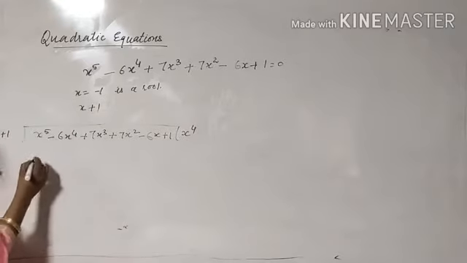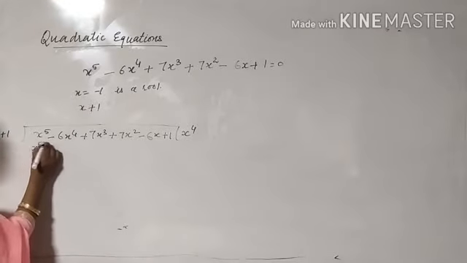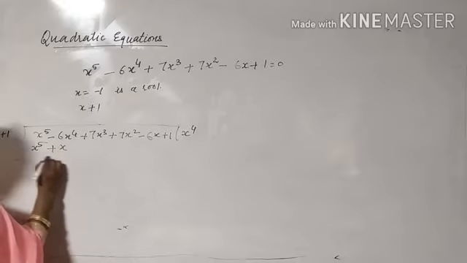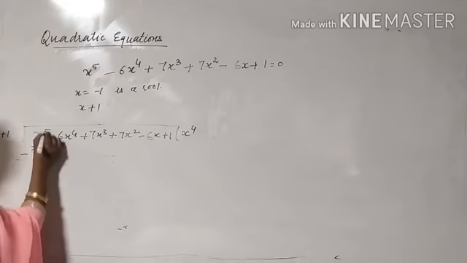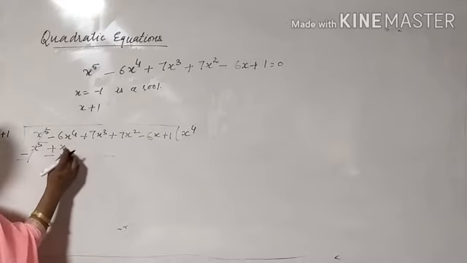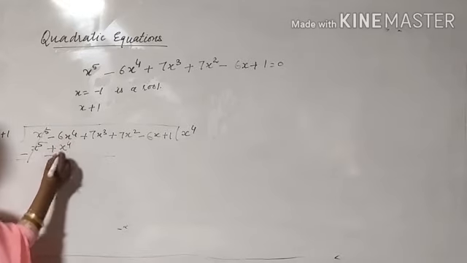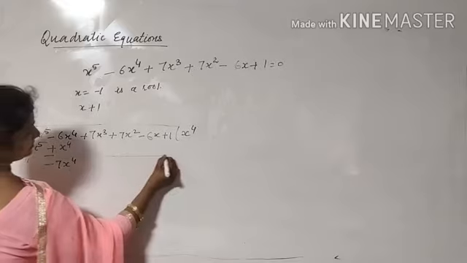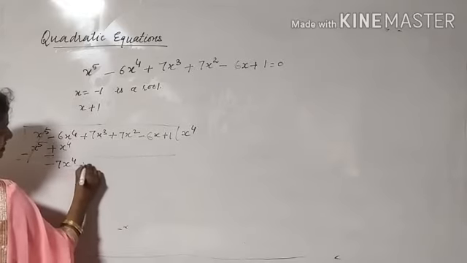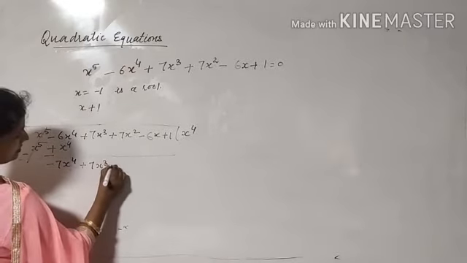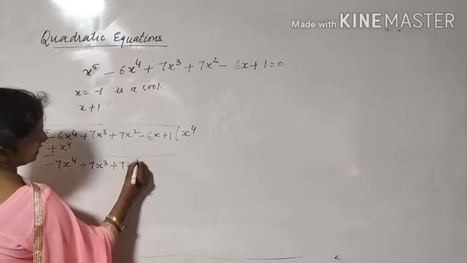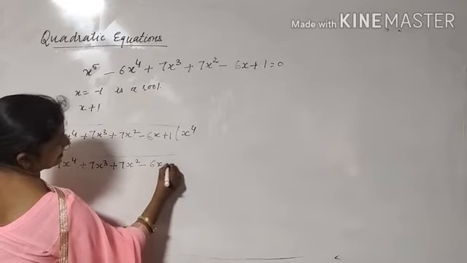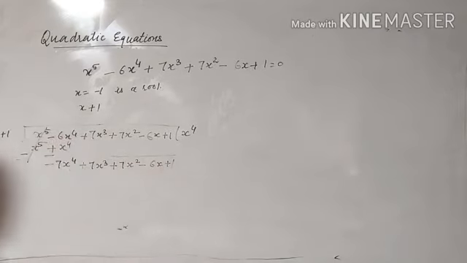When multiplied with this x, you will get x^5 + x^4. Subtract. It is -7x^4 + 7x^3 + 7x^2 - 6x + 1.